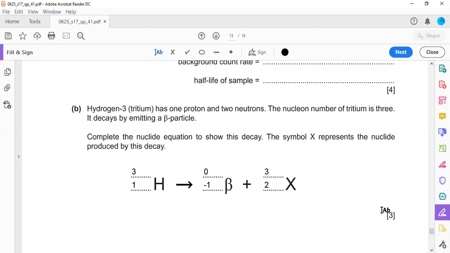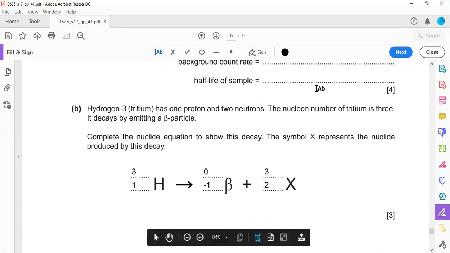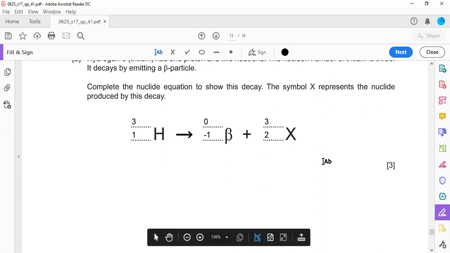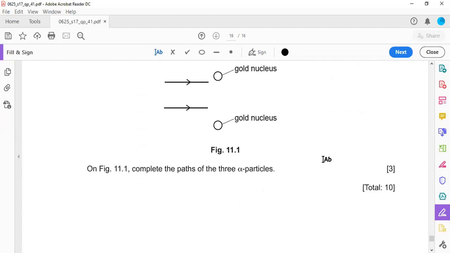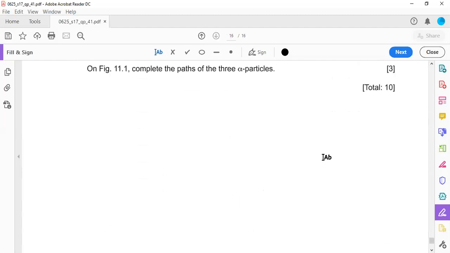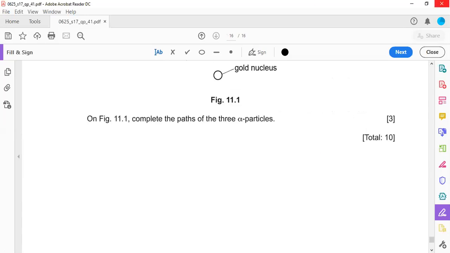Just add some small numbers: 4, 2, 3, and 1. Do all understand how we get it so far? That's the 3 marks. Nice. So we're going on again. I'm going to do our next question.